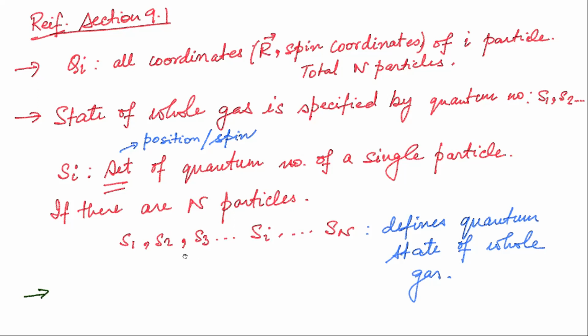Then you have to specify the quantum numbers of each of the n particles, and then you have defined the quantum state of the entire gas, the whole gas.